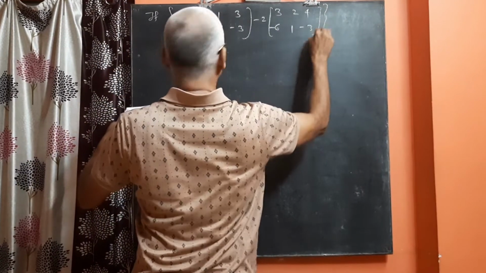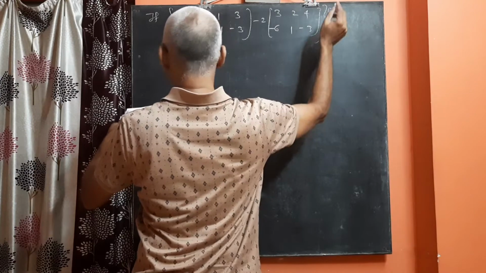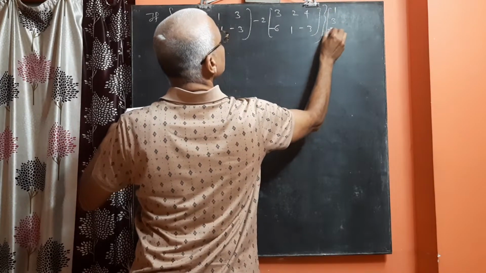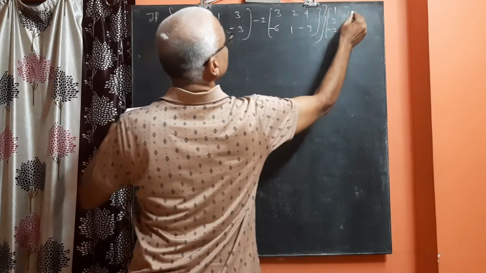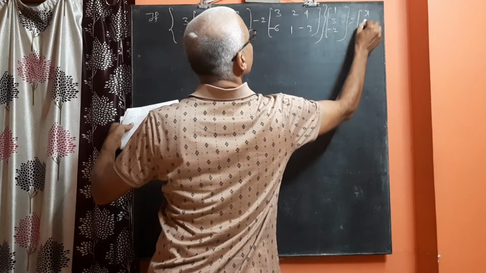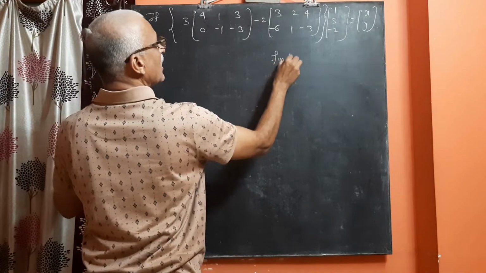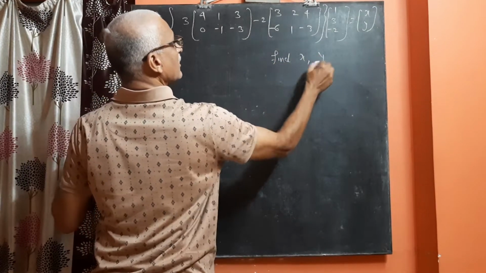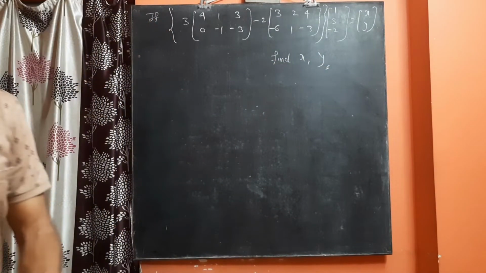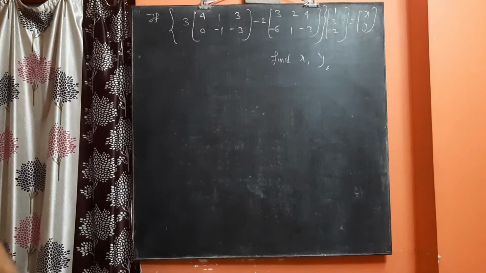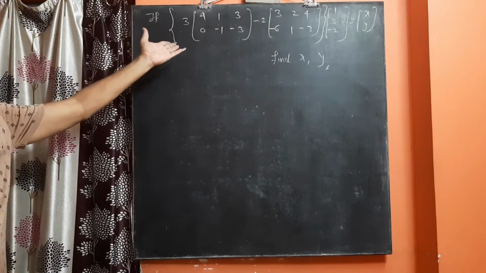The curve bracket complete into column matrix 1, 3, minus 2 equals to the column matrix x and y. Our question is find x, y. You have to find out the value of x and y. Same problem था जैसा पिछला problem था.